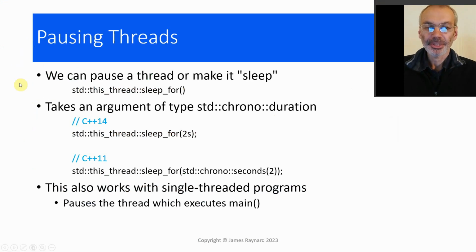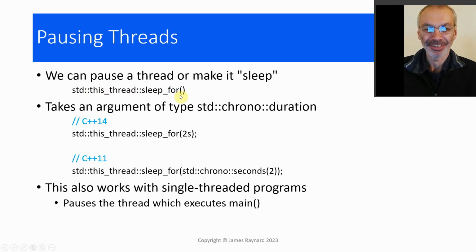And finally, something that we used to have to do through the system implementation, but we can now do through the C++ library from the C++11 threads implementation. We can pause a thread or make it sleep, so the thread will stop and not execute any more code for a certain duration. The function is this_thread::sleep_for, similar to this_thread::get_id, so it'll make the current thread sleep.